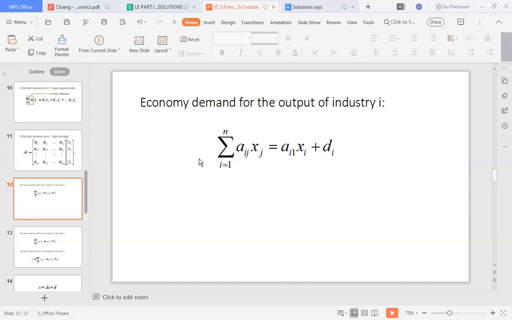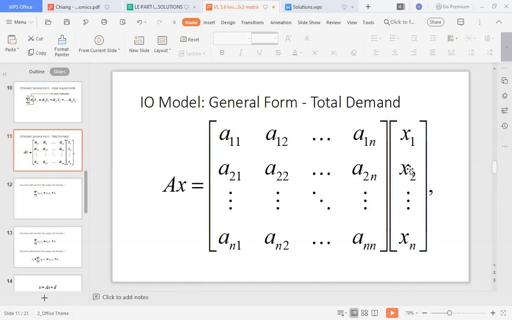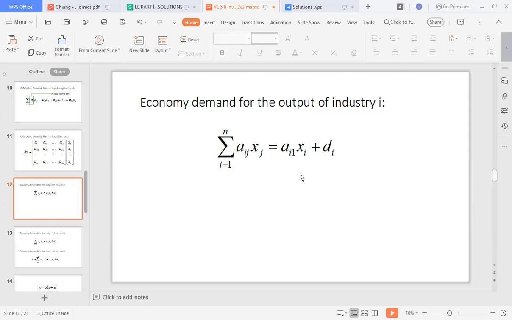This would be the economy's demand for the output of industry I in the economy as a whole, and also the same for industry 2, and also for industry 3. This is just a summary, a summation of the total demand for each sector.